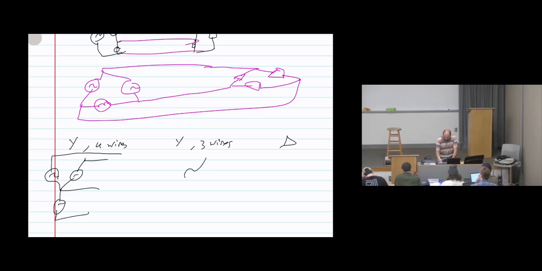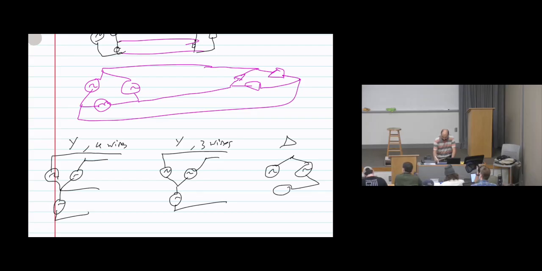Y with 3 wires, we still have these sources, but 3 conductors. Delta, like a delta shape, and we have 3 wires. So delta is also 3 wires.